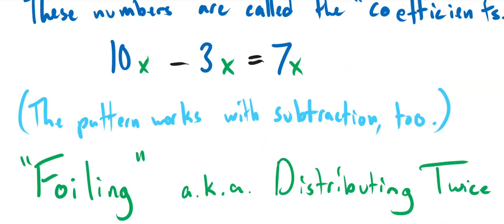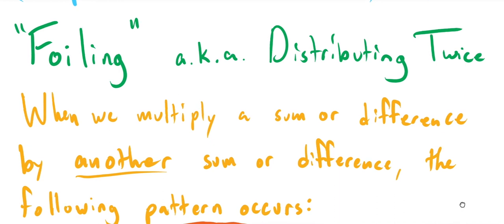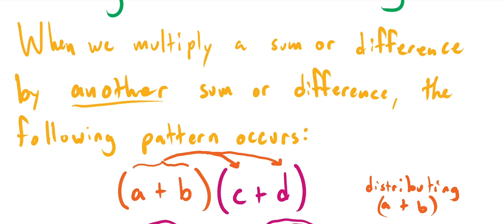So now I'd like to look at another common operation that we do in algebra, which is called foiling, or distributing twice, or expanding something. Now, if we are multiplying a sum or a difference by another sum or difference, then the following pattern occurs. In order to multiply these two guys together, I could first distribute a plus b against both terms.